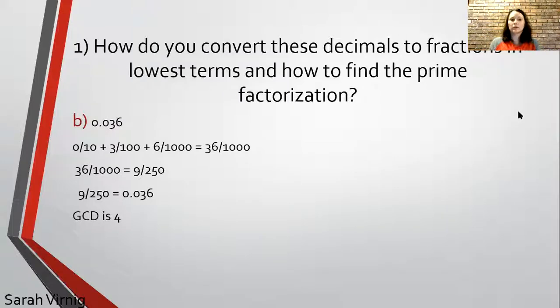I also learned this fun fact doing this, that there is a button on your calculator that you can use. Mine's under the math, I think it's math and then numbers. And then towards the bottom, I think it's 8 or 9, there's a button for greatest common divisors and least common divisors. So even if you didn't know how to do this, you could put that in there, or you could use it to check your work.